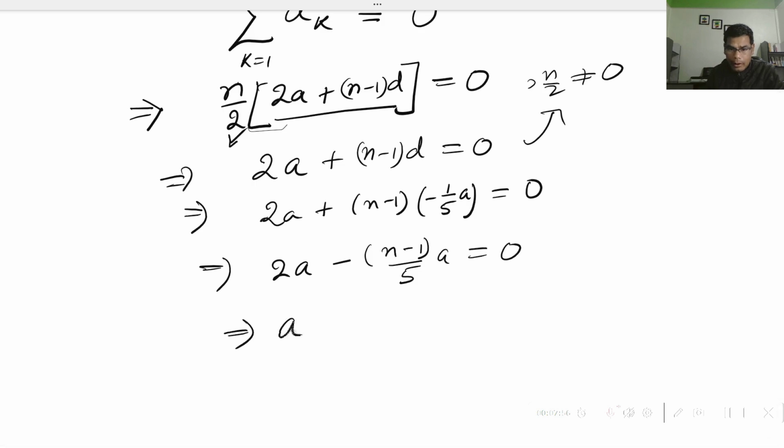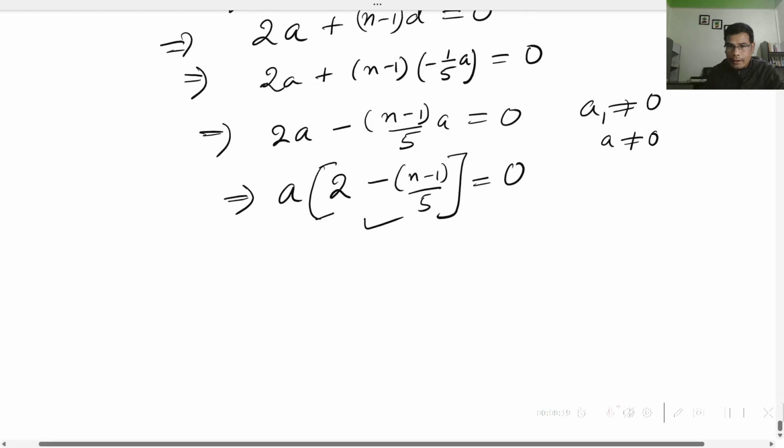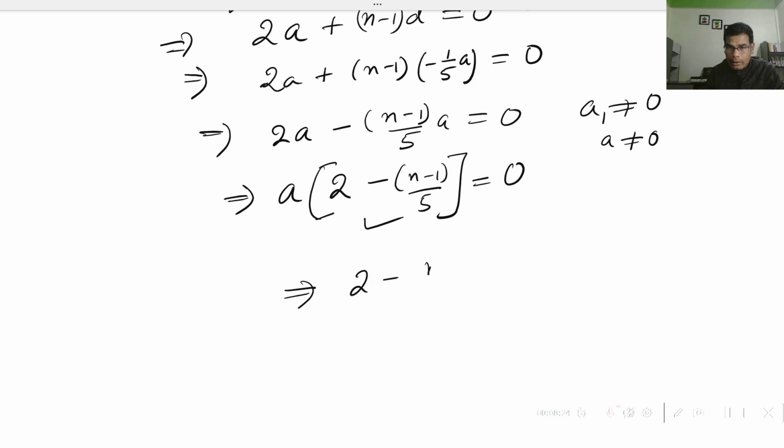If we take A common, then we have 2 minus n minus 1 by 5, and this whole thing equals 0. As a1 is not equal to 0, and a1 we denoted by A, A is not equal to 0, which means that this term should be equal to 0. So 2 minus n minus 1 by 5 should be 0, as A cannot be 0.